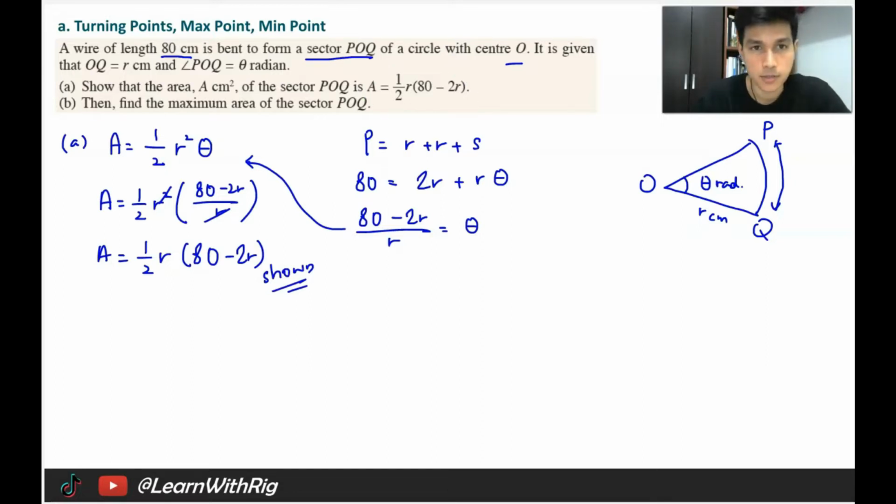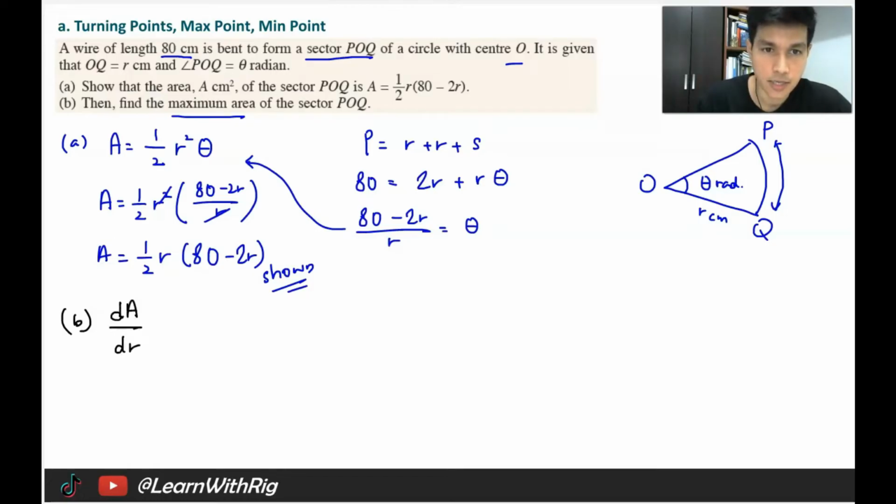Now the question asking you, question B, find the maximum. So when they ask for maximum, whenever they ask for maximum, remember you'll use dy dx equals to 0. So in this case, since they ask for the area, right, so it's not dy dx, it's dA dr. Why dA dr?